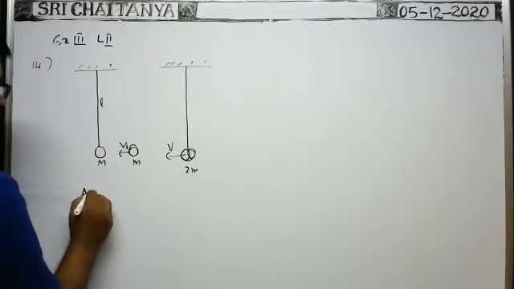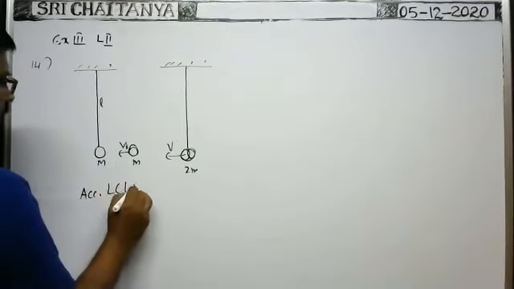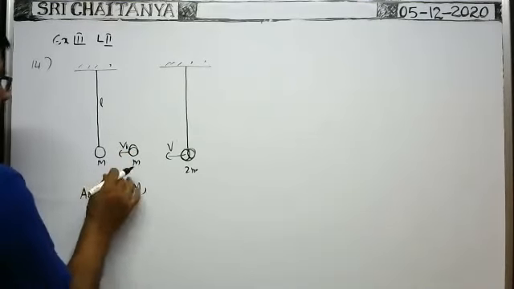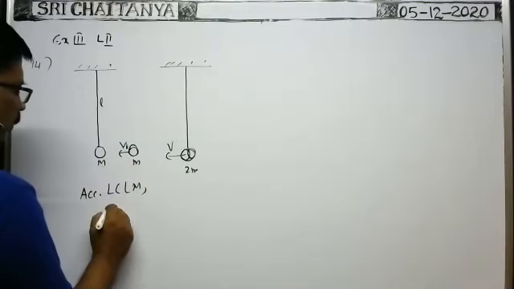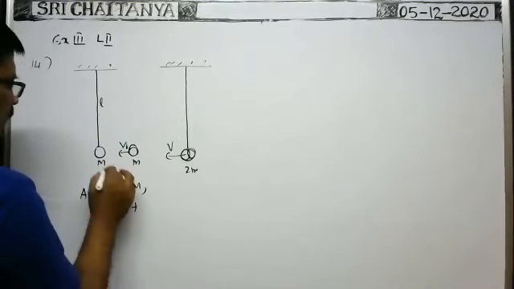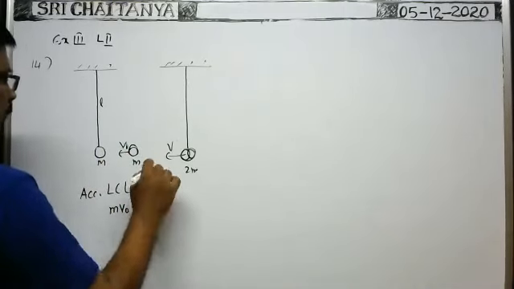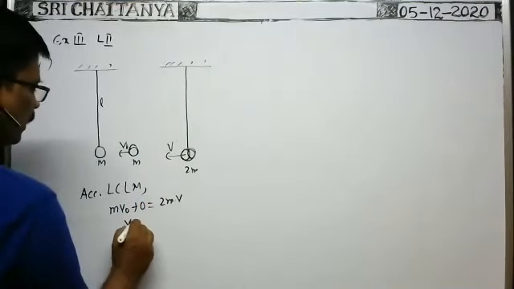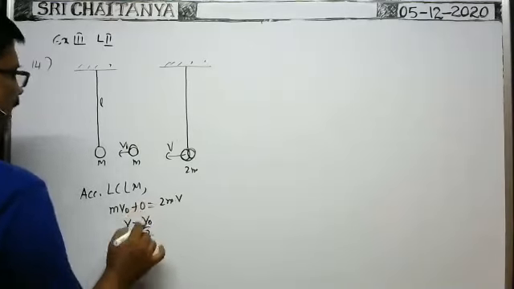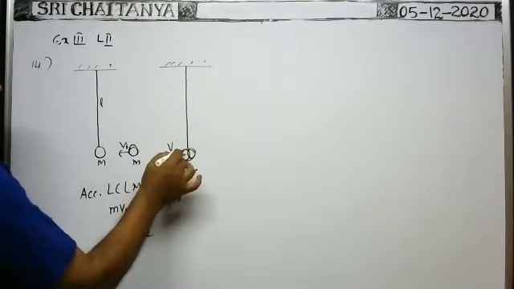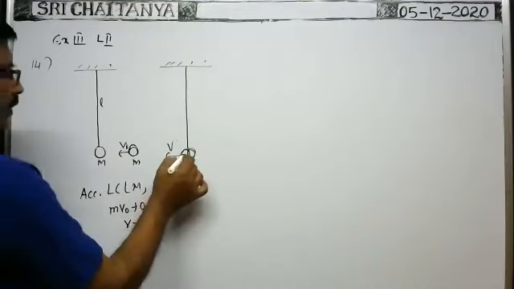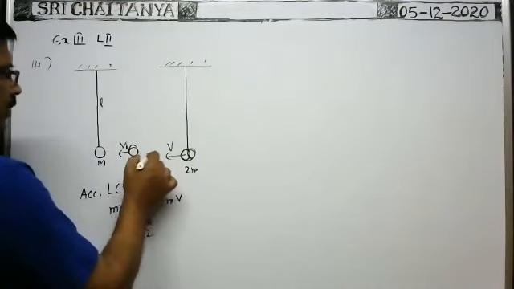Before collision, the momentum is only mv0, plus zero for this one. After collision, the momentum of this body is 2m into v. Therefore v is equal to v0 by 2. It is the velocity of the system of two spheres after collision, as the sphere sticks to this one. So with this velocity it starts motion in this direction.